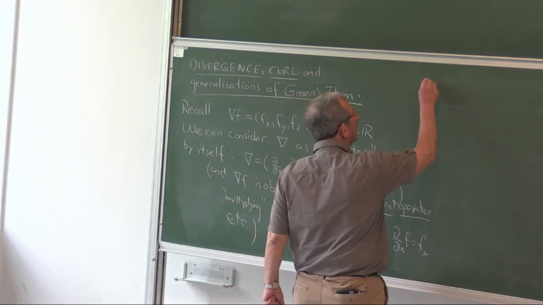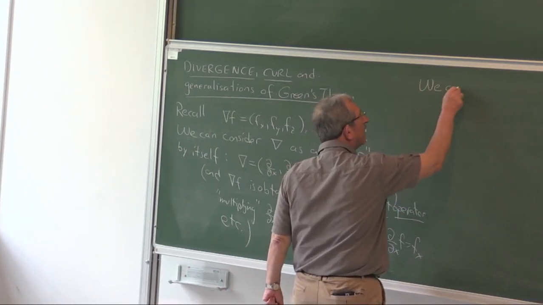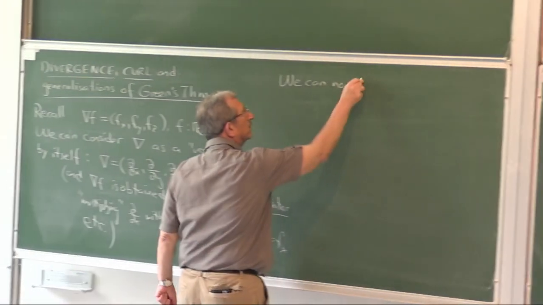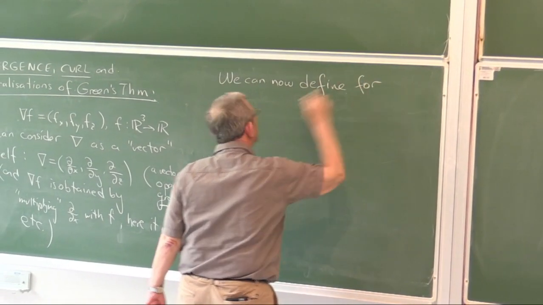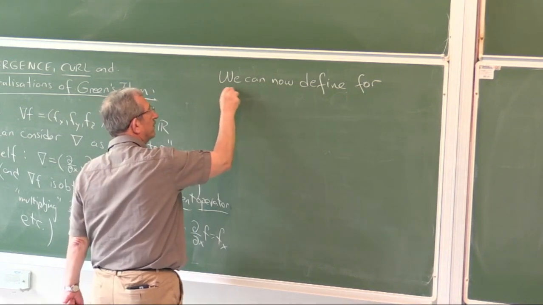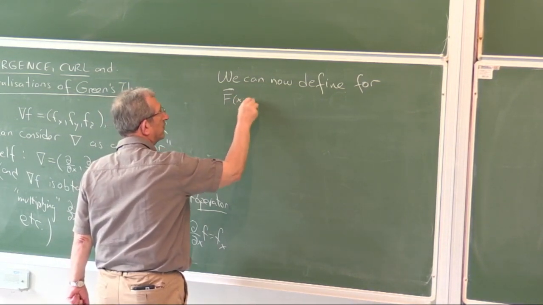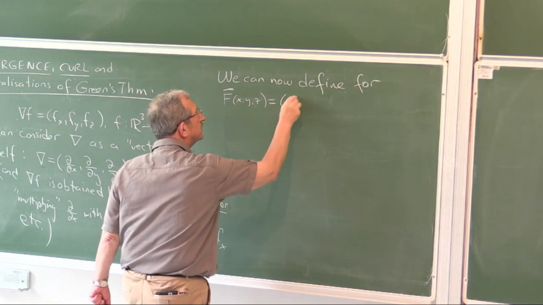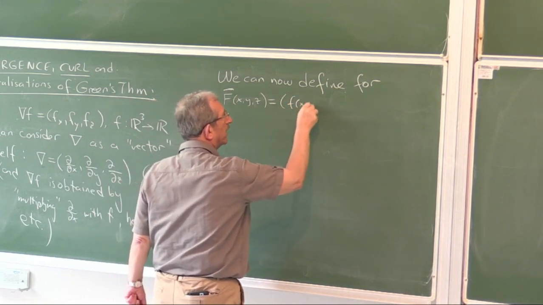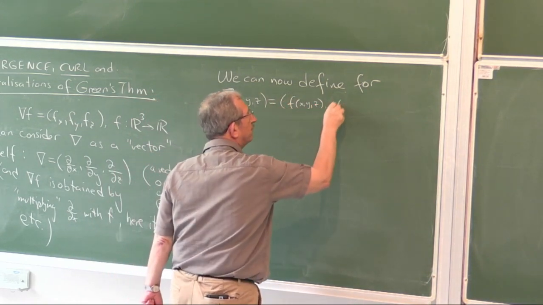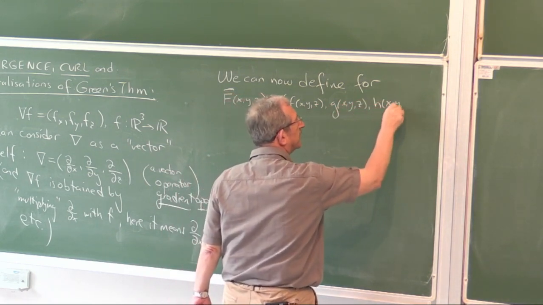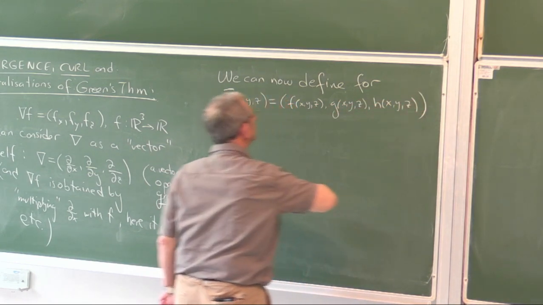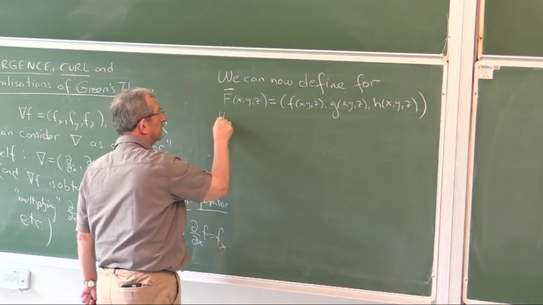So, we can now define, for a function F, which is f of x, y, z, g of x, y, z, h of x, y, z, the following.